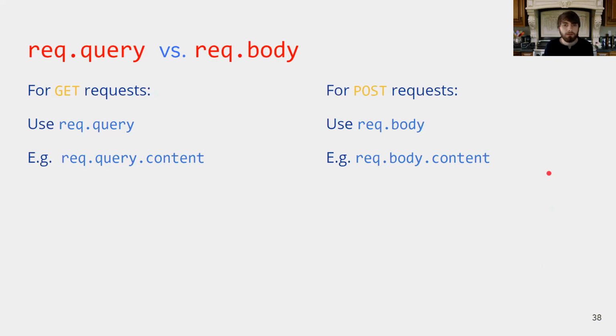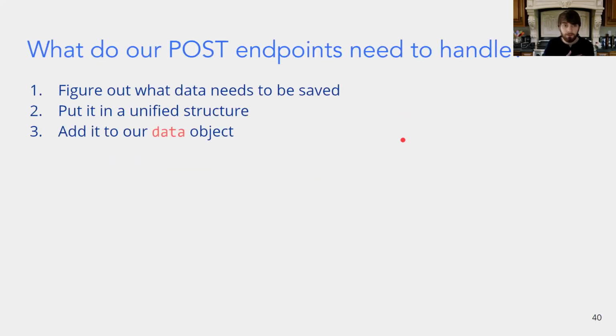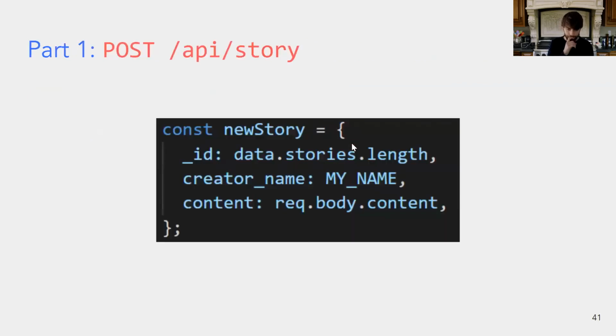And so this notes our difference between req.query and req.body. For post requests, we're less worried about the query and more worried about this body here, because this body will contain the data that we wish to make. So as before, I'm going to cover the stories thing. We first need to figure out what data needs to be saved. We need to put it in a structure that we've already defined, and we need to add it to our data object.